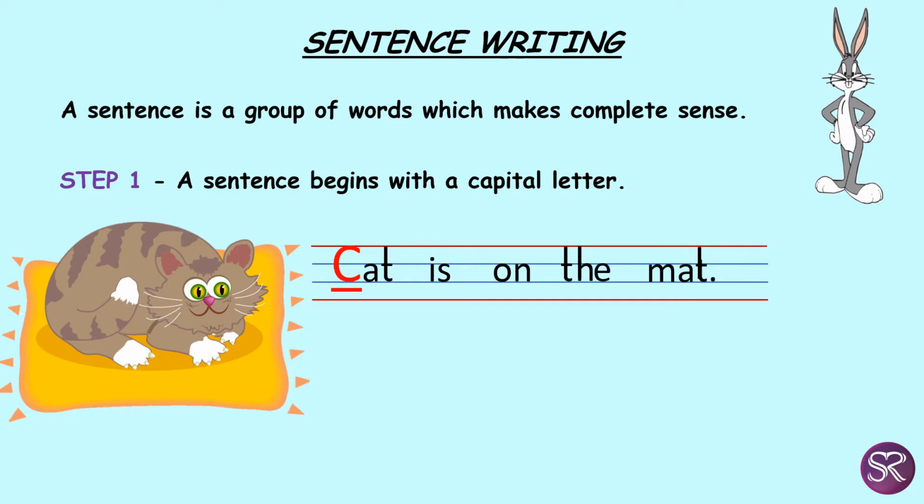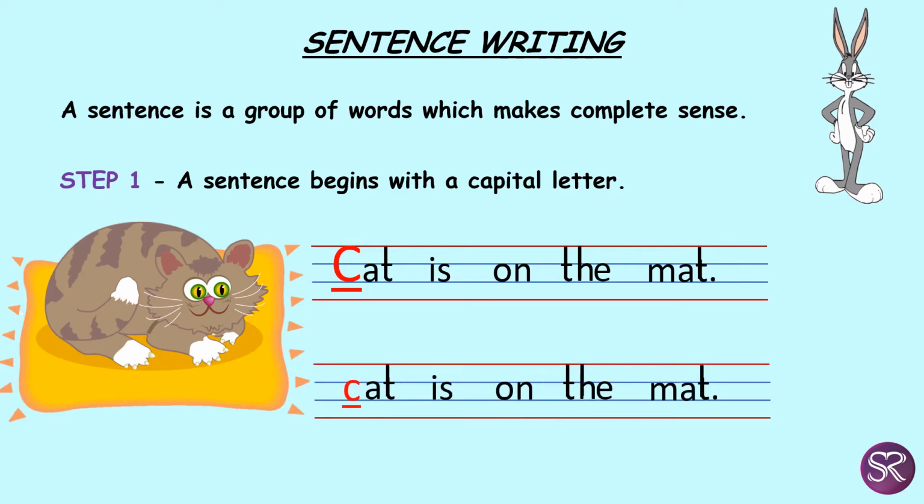Look here, children. On the screen, C is written capital letter. C is the first letter of the sentence. So, we have to start the sentence with a capital letter. Let's see another sentence also, which is cat is on the mat.